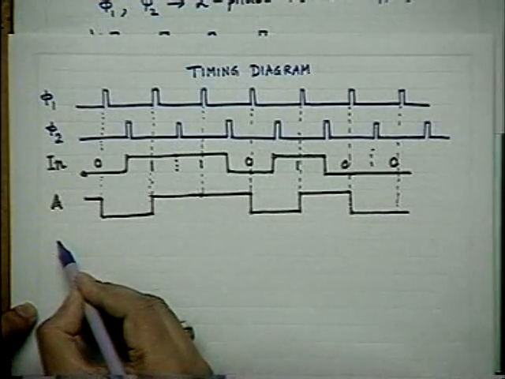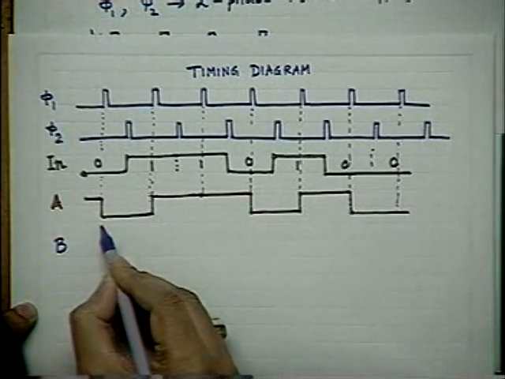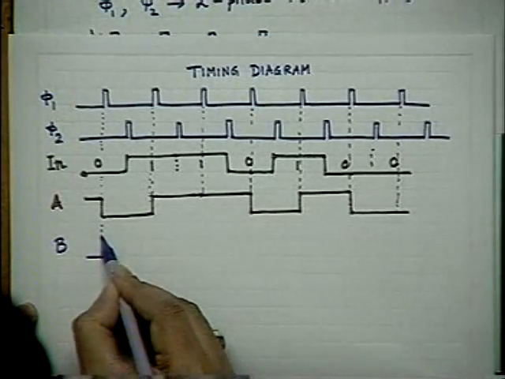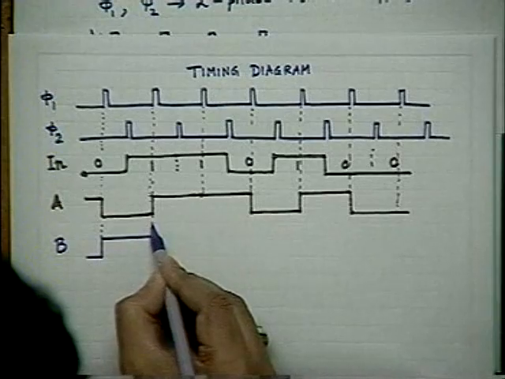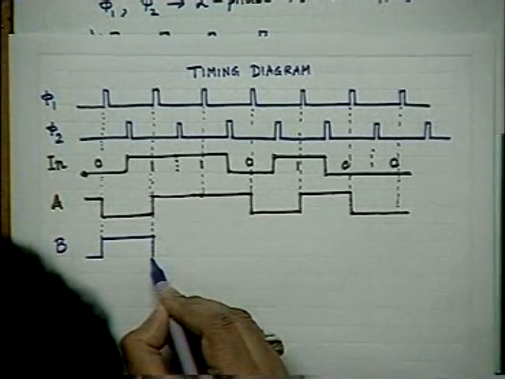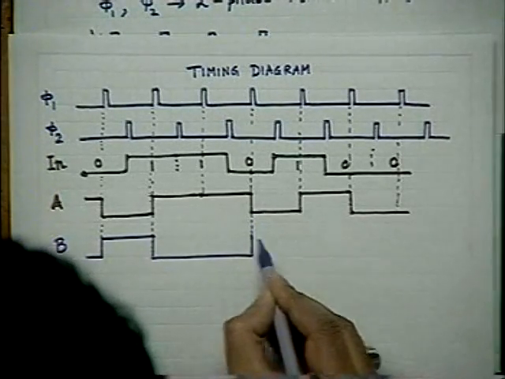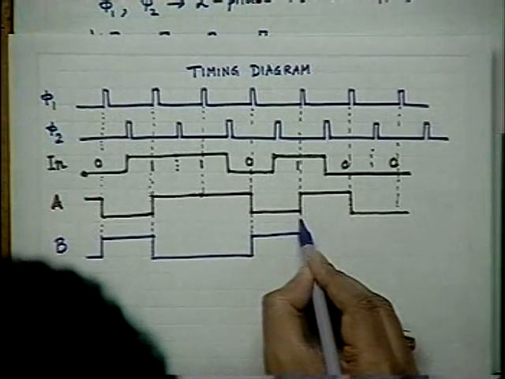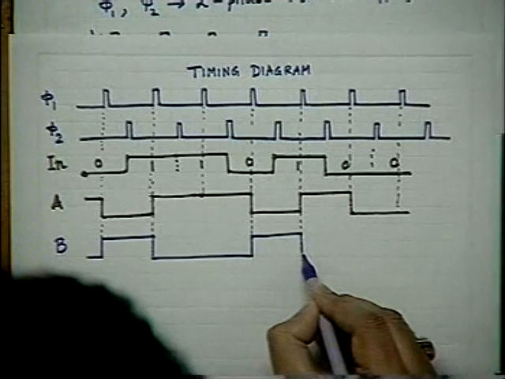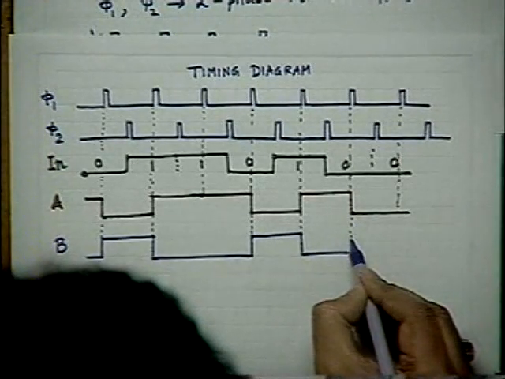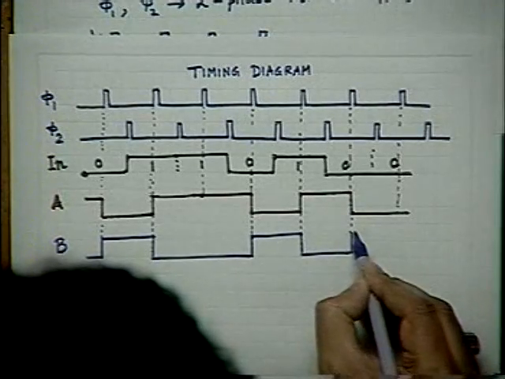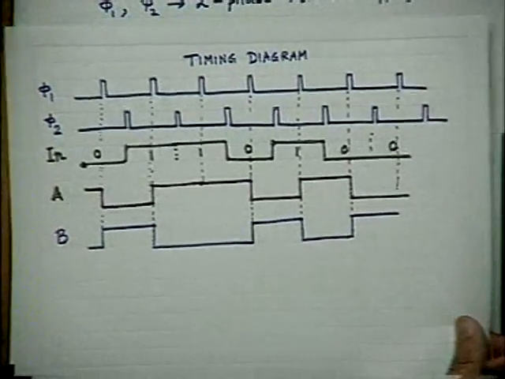Next, come to the other point. You see that coming to B, it is simply the inverted one. Quite all right, there is no problem because this is an inverter.